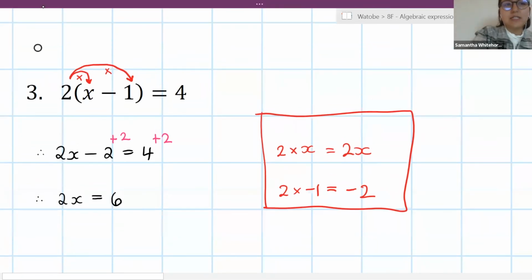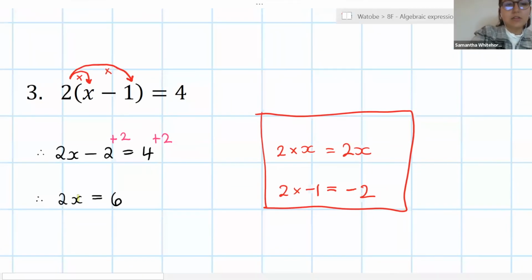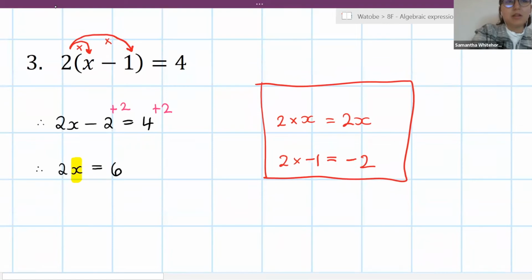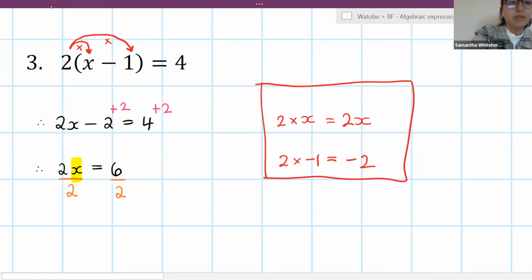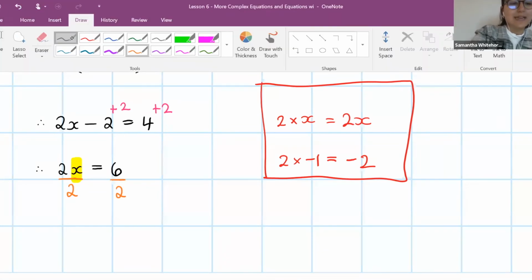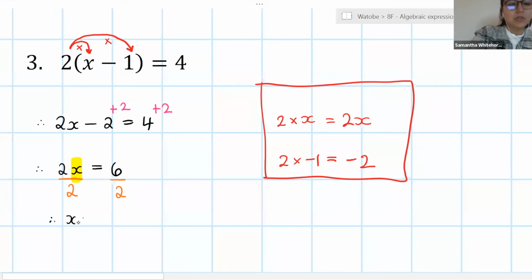I'm still trying to get that x alone. I've still got that x there, and that's still being multiplied by the 2. If it's multiplication, the opposite is division. So I'm going to divide both sides by 2, and so x is equal to 3.